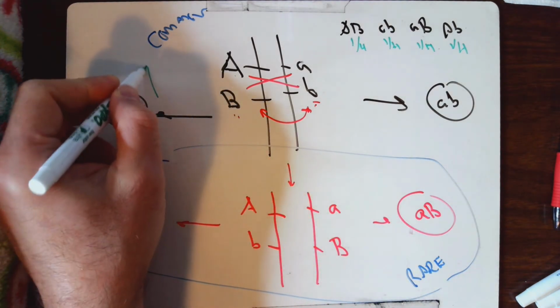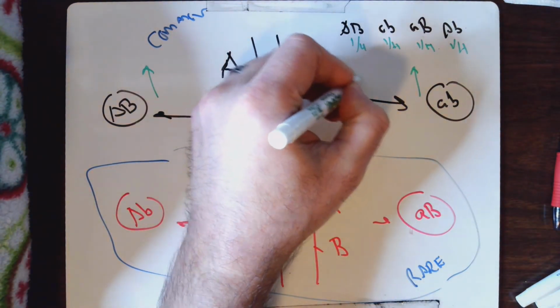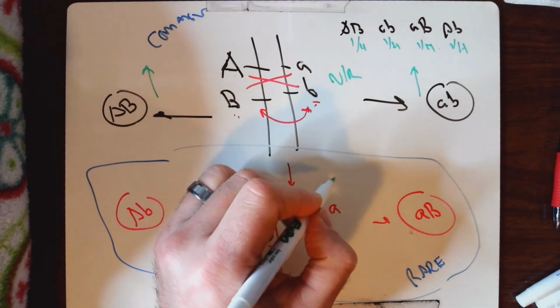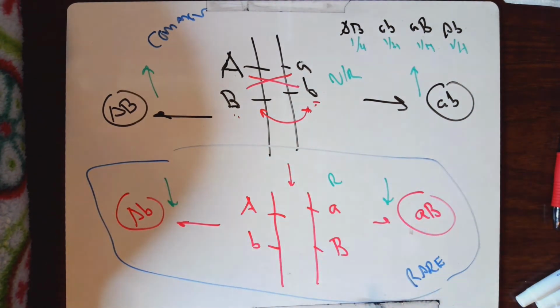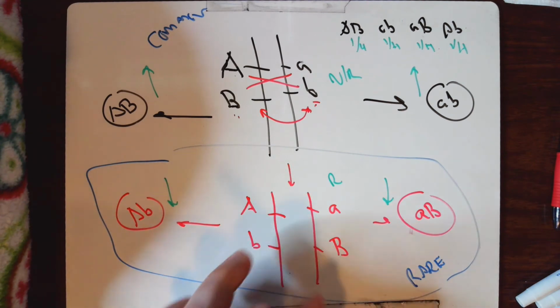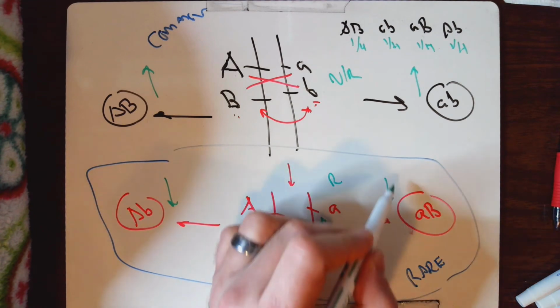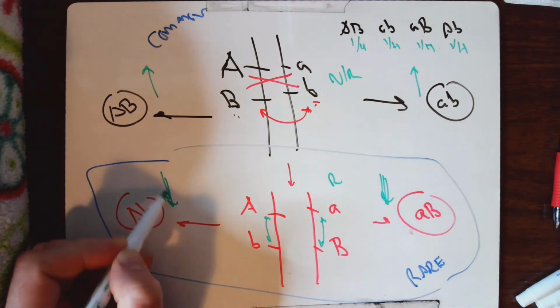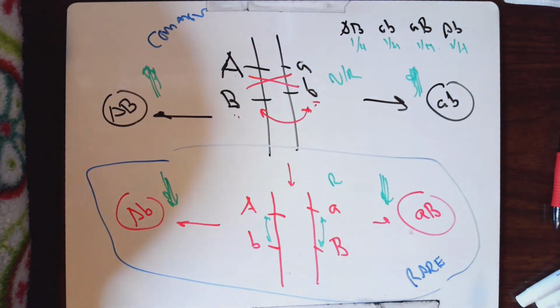So the percentages of the non-recombinant gametes are far, far higher than the percentages of the recombinant gametes. And in fact, the closer these two genes are in physical distance on the chromosome, the lower and lower these numbers get, and the higher and higher these percentages get.